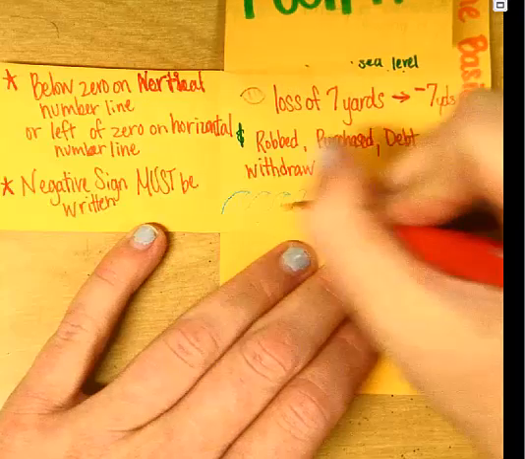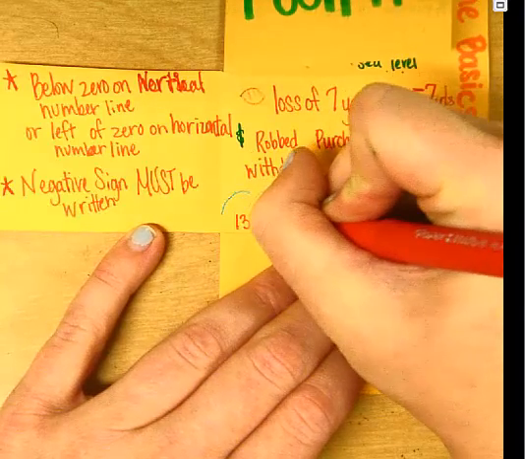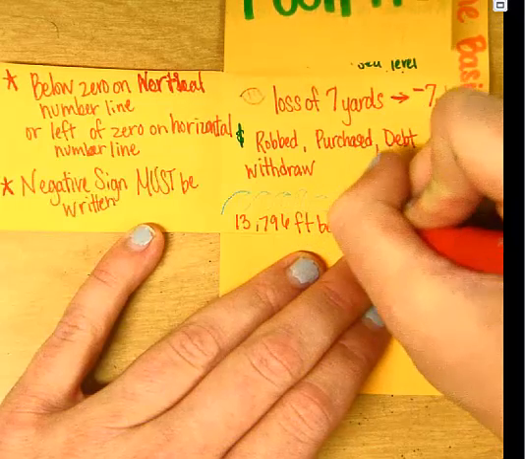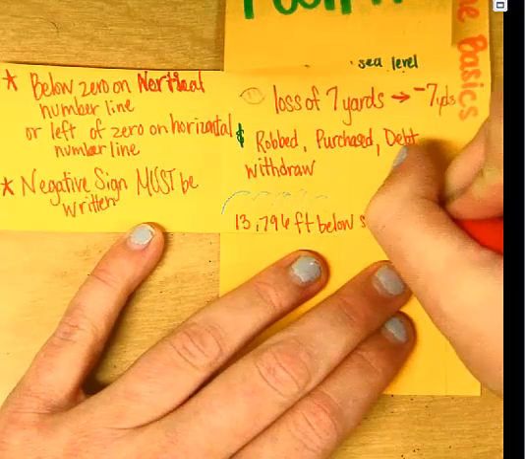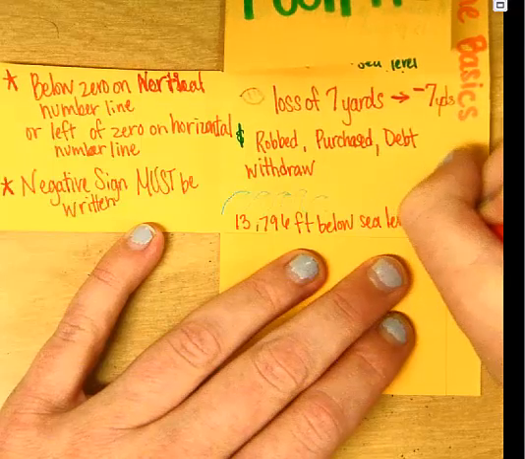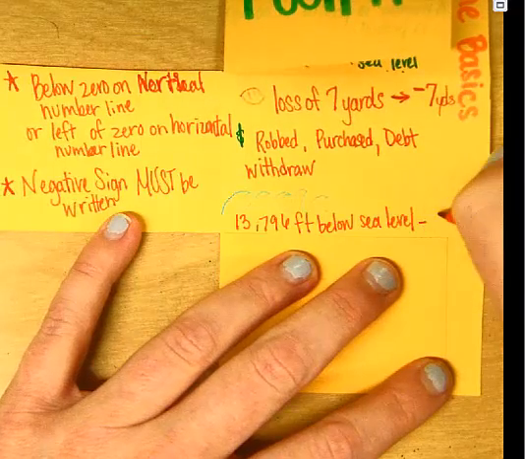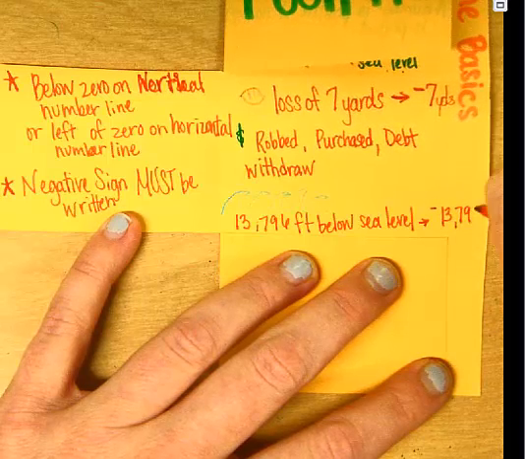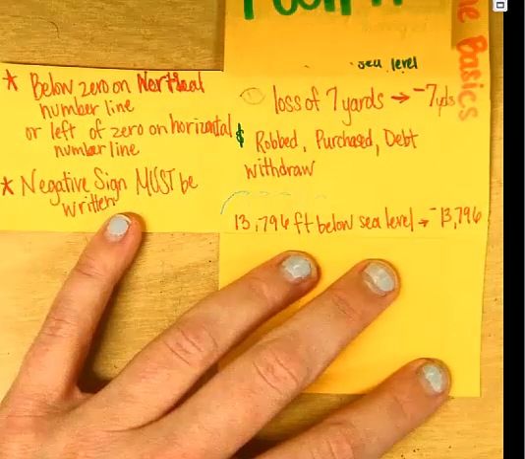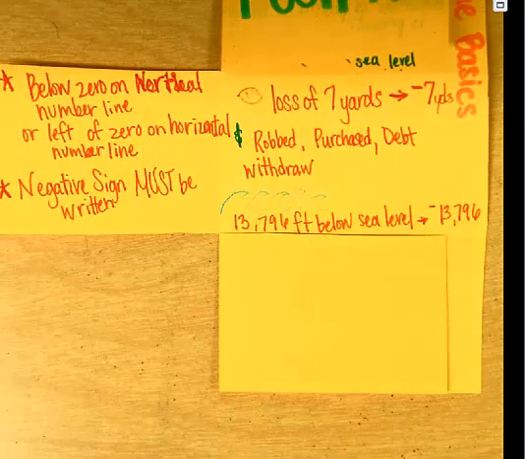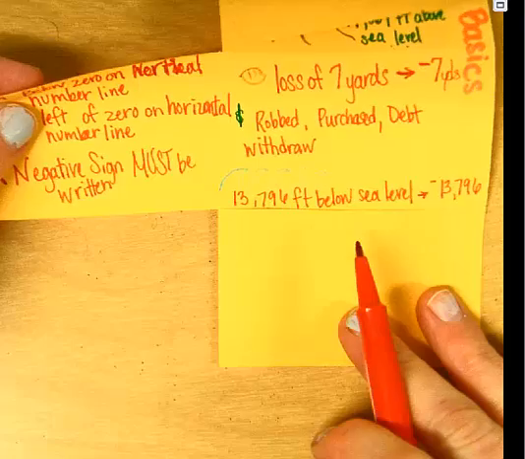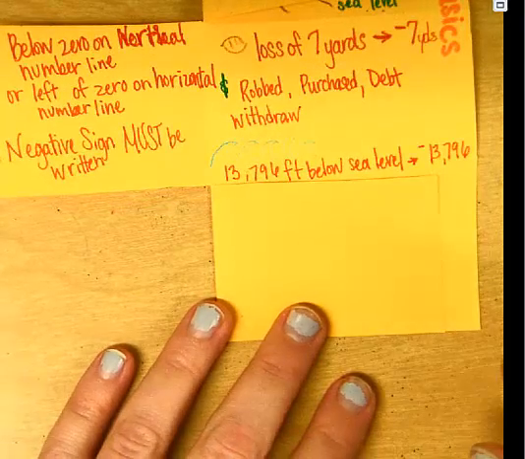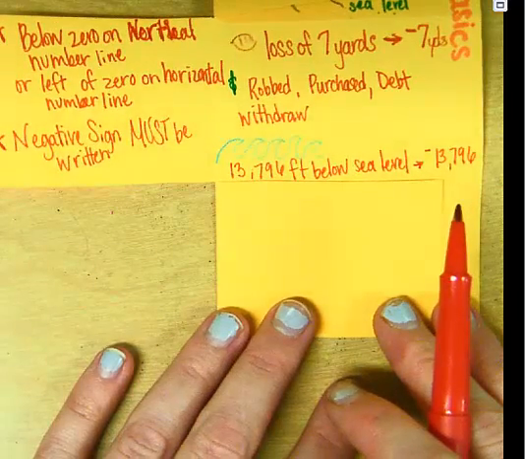If we have 13,796 feet below sea level, that looks like -13,796. Okay, if we're talking about the Marianas Trench, that's what that looks like. It's a negative. And that would be under the surface of the sea, the oceans.